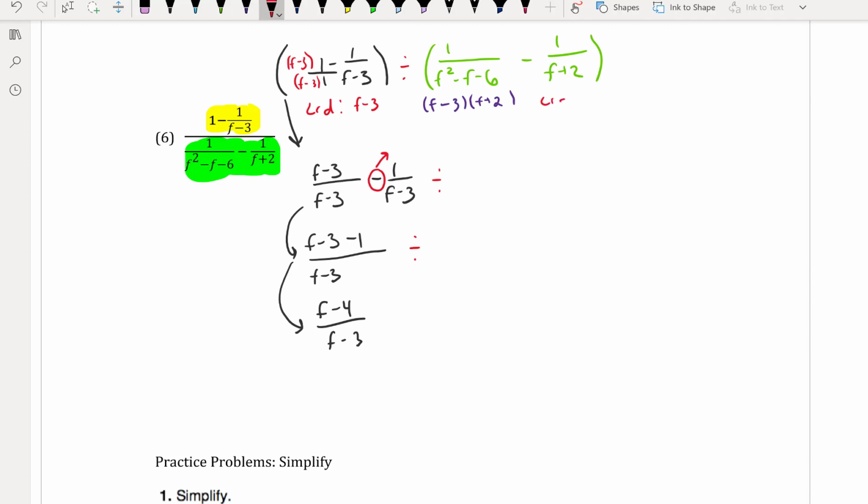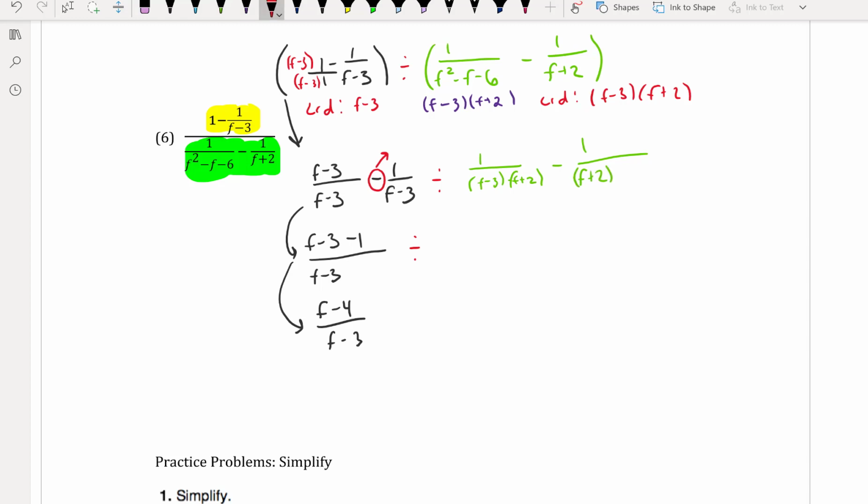So now I know that my LCD is going to be a combination of both denominators, which is f minus 3 and f plus 2. So that first fraction, I have that 1 over f minus 3 f plus 2. And so nothing is missing from that denominator. That second one, I have f plus 2.